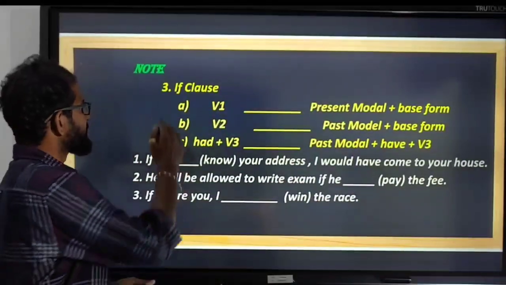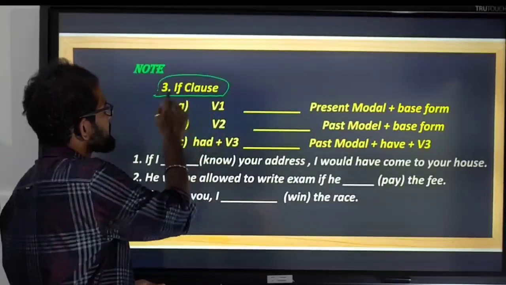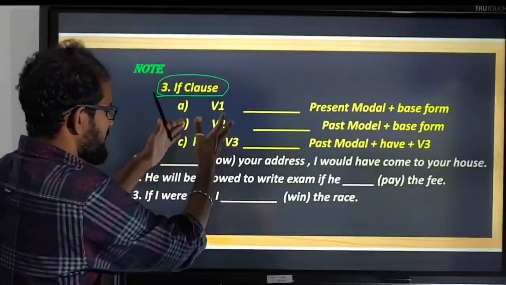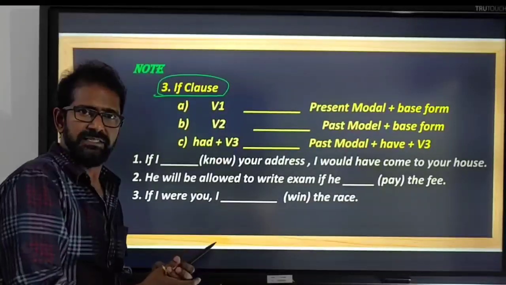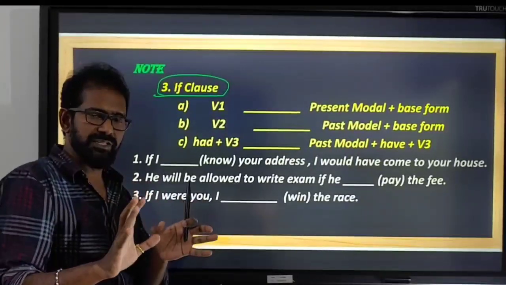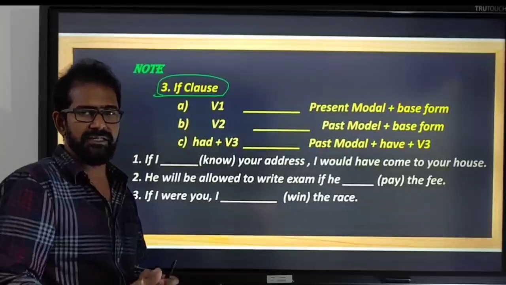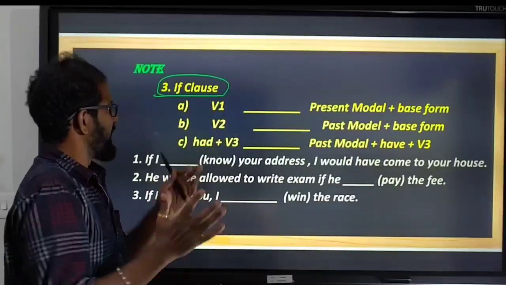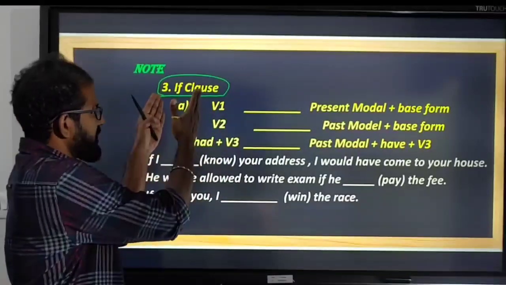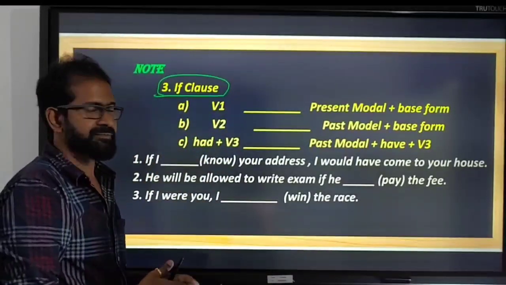Note 3. If clause. For better understanding of what is an if clause, how to change if sentences, and how to combine sentences using if clause, the link is given in the description. You just watch the video so that you will have a complete idea of if clause or if condition.